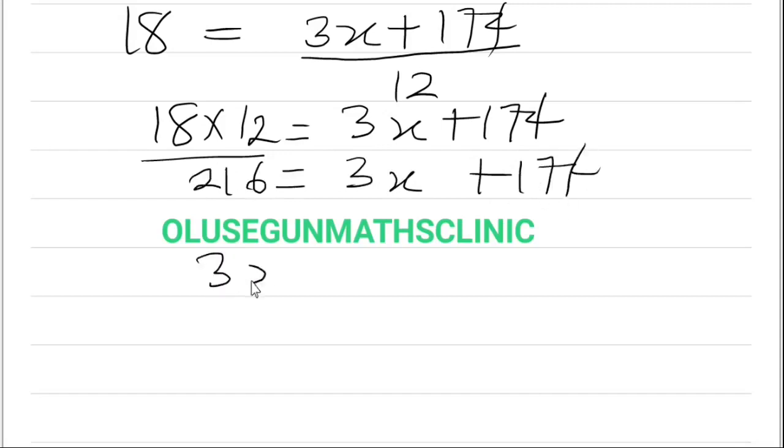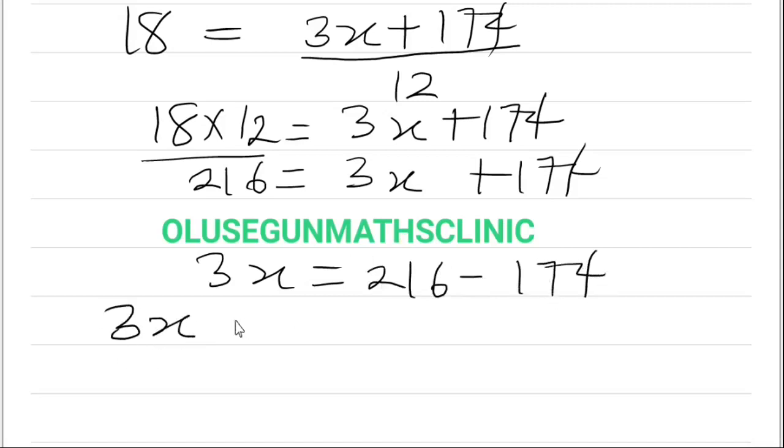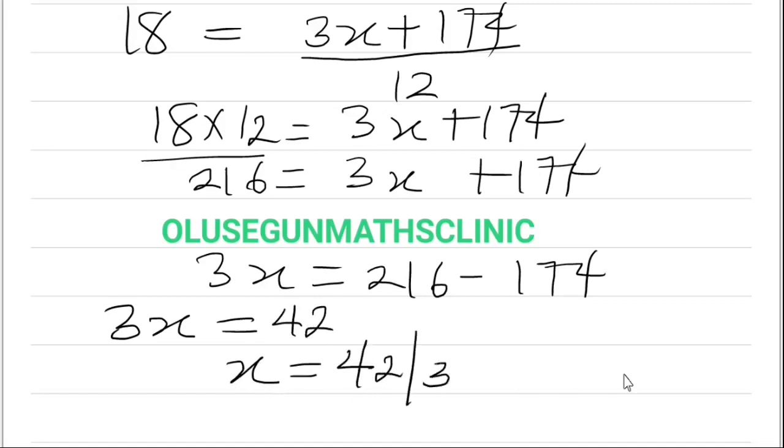So our 3x will be 216 minus 174. So we have 3x is equal to 42. So x is equal to 42 divided by 3, which is equal to 14. So it means that the value of x is equal to 14. So question A said find the value of 2x.